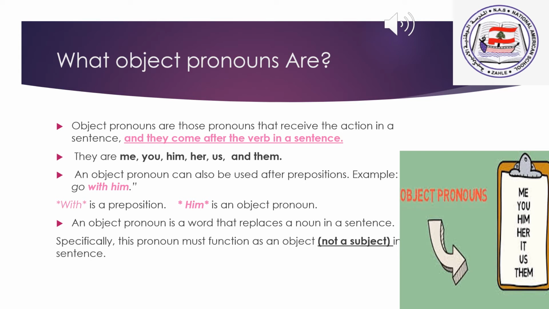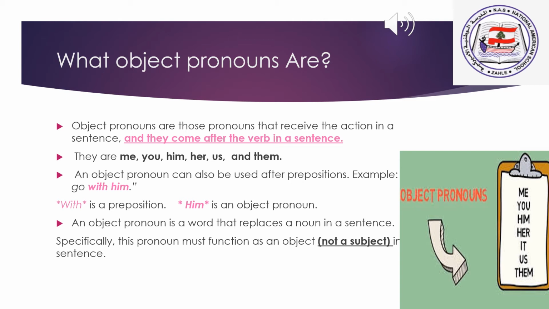An object pronoun can also be used after prepositions. For example, I will go with him. With in this sentence is a preposition. Him is an object pronoun followed by the preposition.